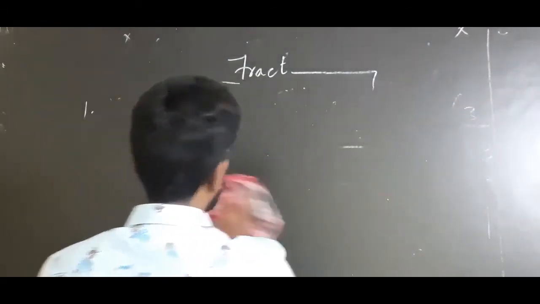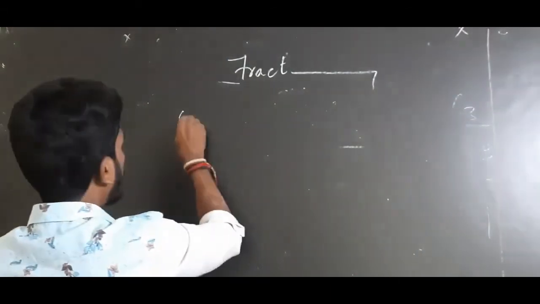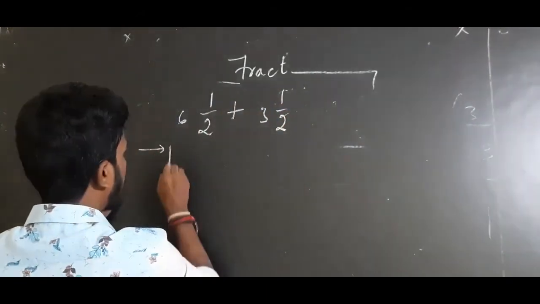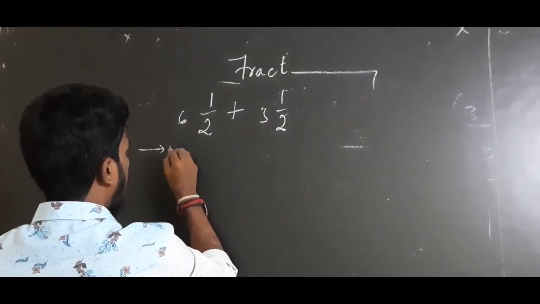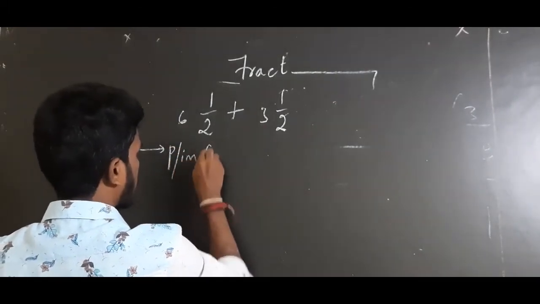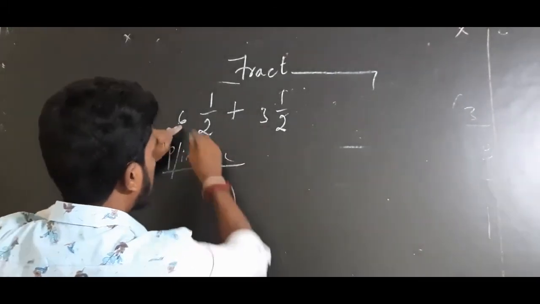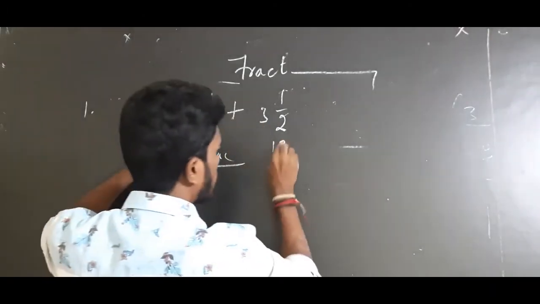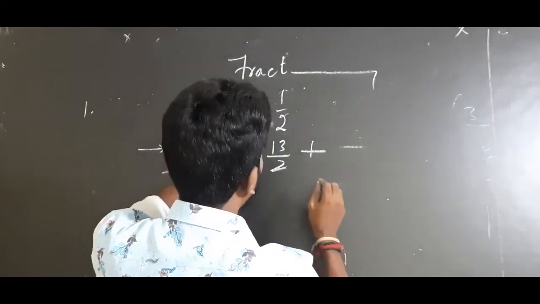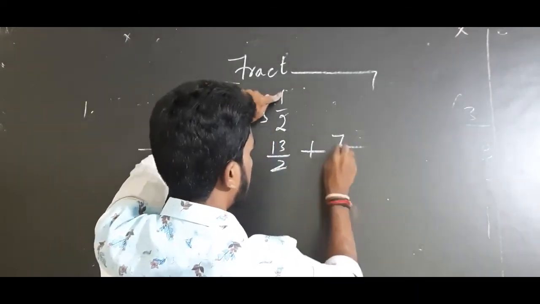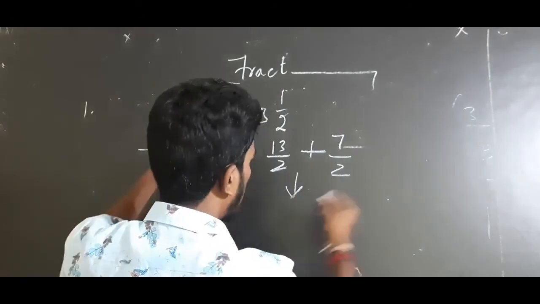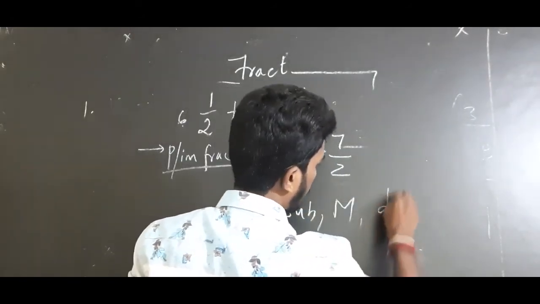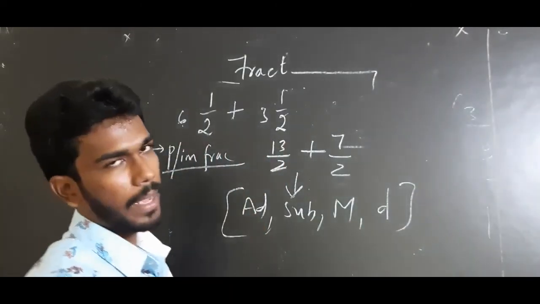If any problem comes for a mixed fraction, say 6 1 by 2 plus 3 1 by 2, first we have to convert it into a proper or an improper fraction. 6 into 2 will be 12, 12 plus 1 will be 13, so 13 by 2 plus 3 into 2 will be 6, 6 plus 1 will be 7 by 2. Then you can do the normal addition or subtraction or multiplication or division oriented calculations. So thereby fractions are over.